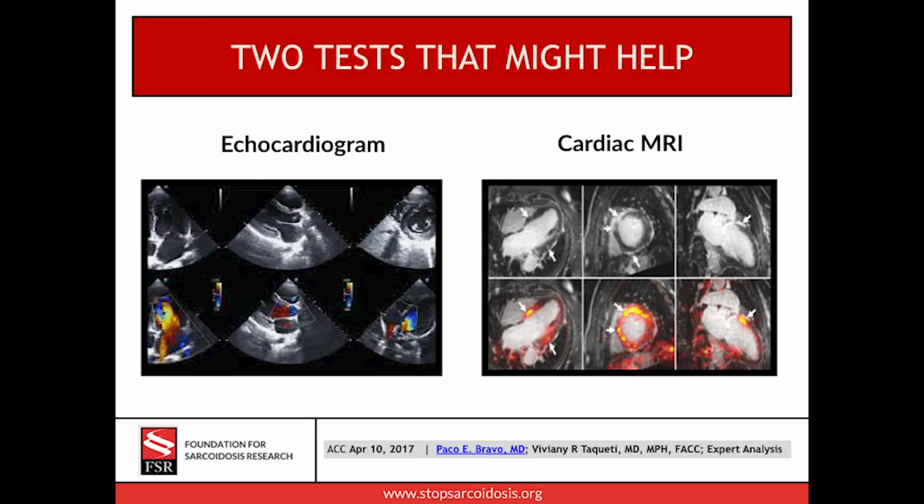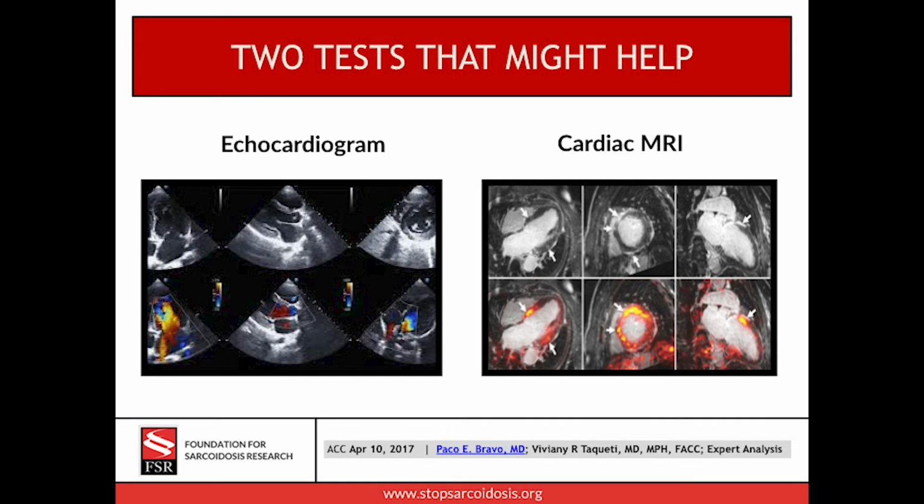Now, once we entertain the possibility of it, there are two tests that can help you suspect that you have sarcoidosis associated pulmonary hypertension. You can get an echocardiogram, which is an ultrasound of the heart, which is non-invasive, no radiation. It's like they do the ultrasound for the babies and then show the heart structure and function.